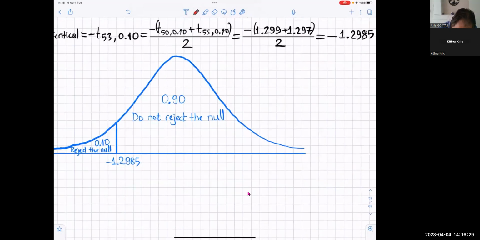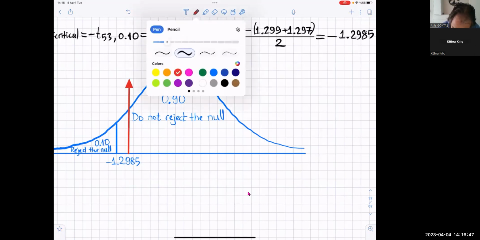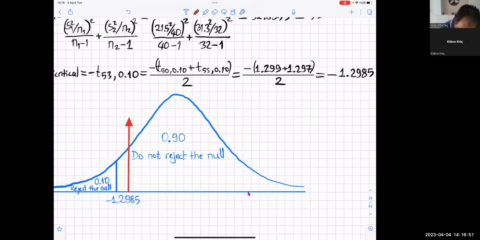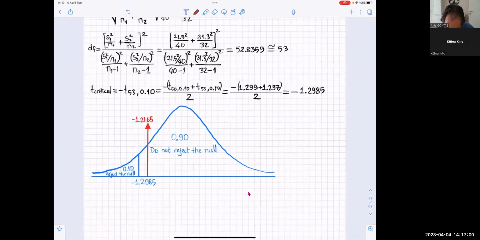So the calculated statistic might be somewhere here. There it is, minus 1.65.